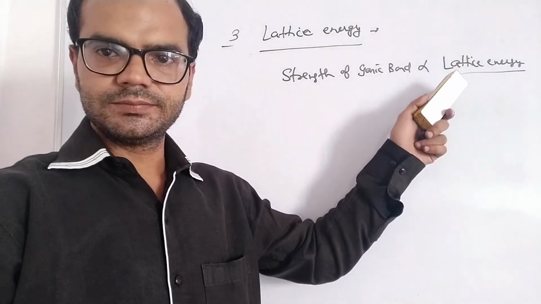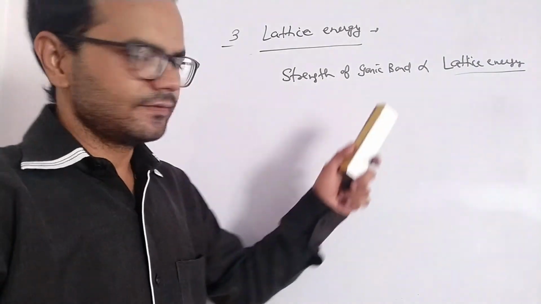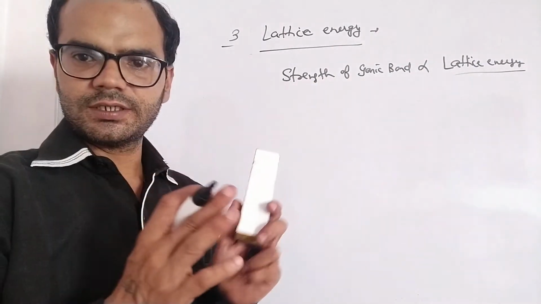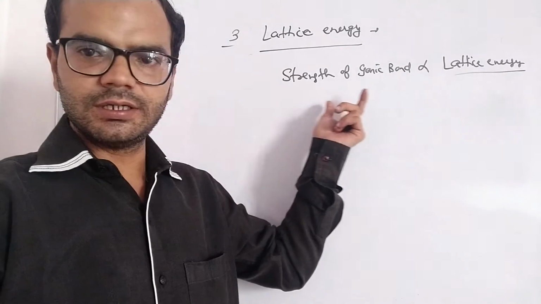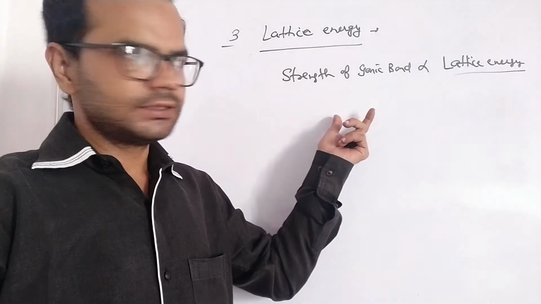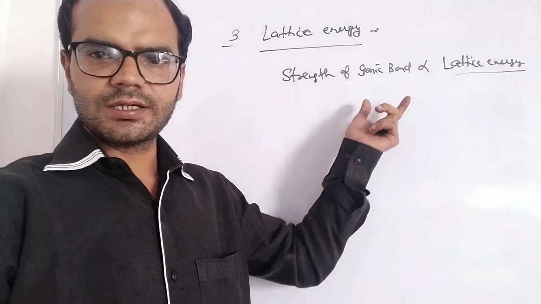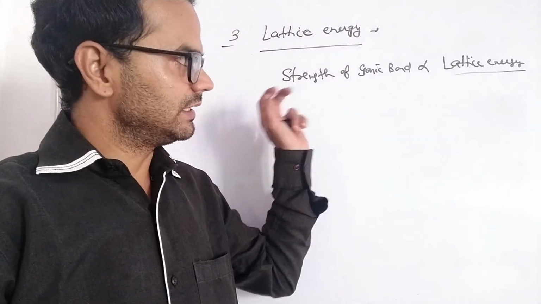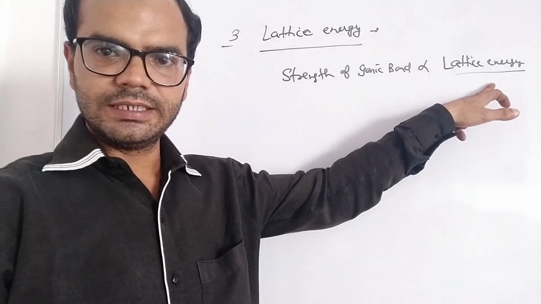Now, what is this lattice energy? As we have discussed, due to the strong electrostatic force of attraction, a three-dimensional network is formed that is called a crystal or lattice, and the released energy is called lattice energy.